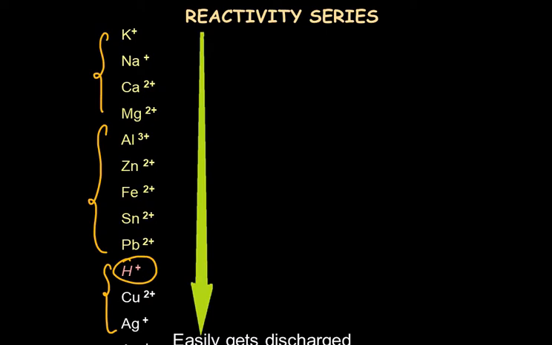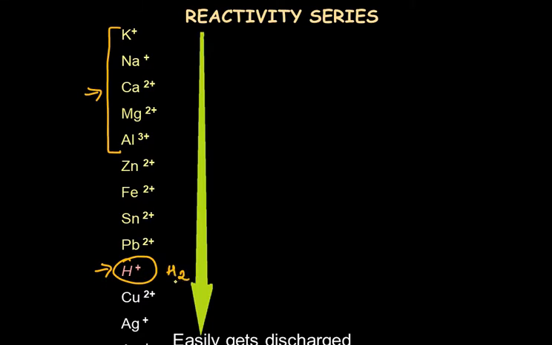This is the only non-metal cation which can be discharged at the cathode. So if more reactive metal ions are present in the electrolyte, then compared to these highly reactive cations, hydrogen will preferably get discharged at the cathode and hydrogen gas will be formed.